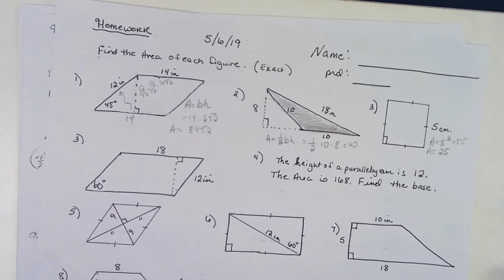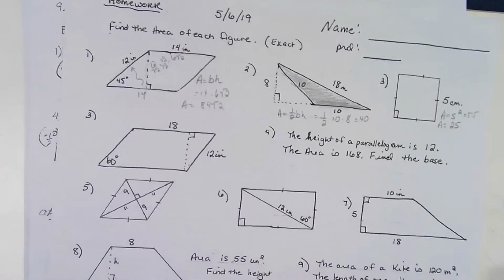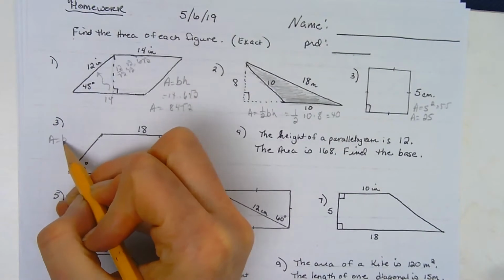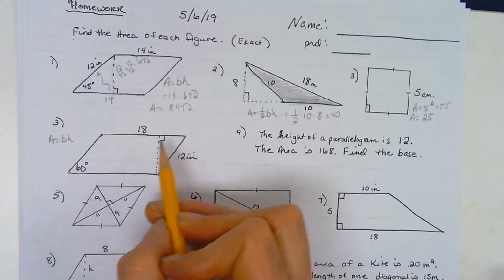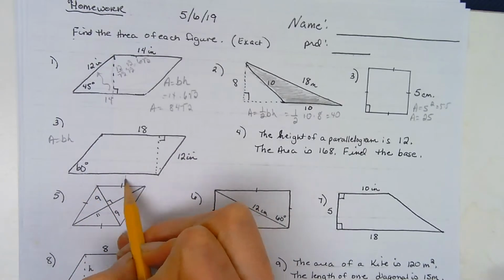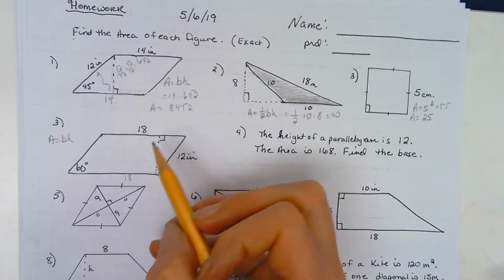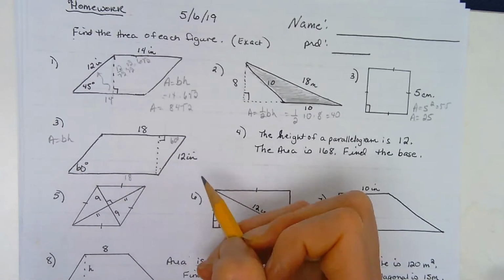I have two number 3s. This one, this parallelogram, the area is equal to, again, base times height. This base is 18, so this side is also 18, and this is the height between them. This is a 30, 60, 90-degree triangle over here because this is 60 and this is 60.